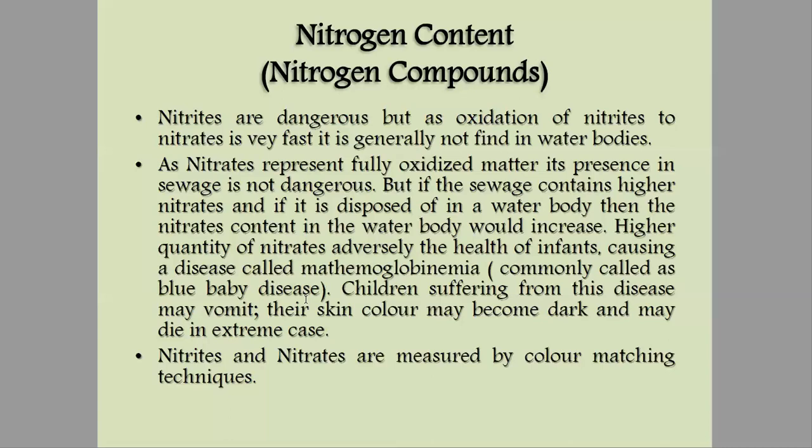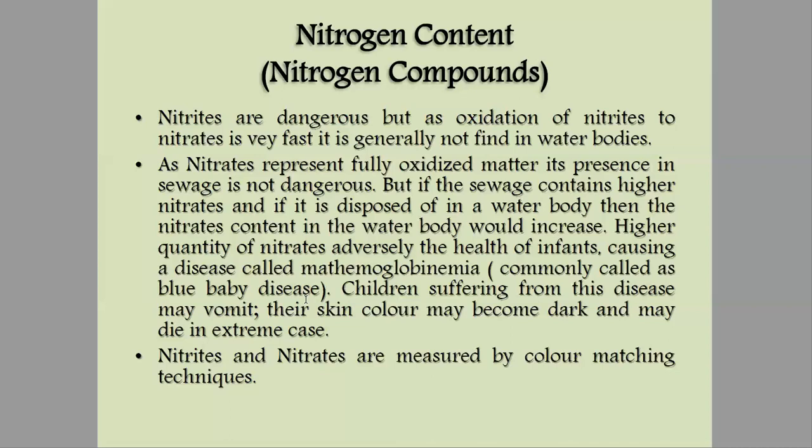Nitrites and nitrates are measured by color matching techniques. Now we are aware of how nitrates form, how nitrites form, and how nitrates can affect humans. If there is excess discharge of highly concentrated nitrates in water, then that may lead to a disease that generally happens to babies, infants, called blue baby disease.